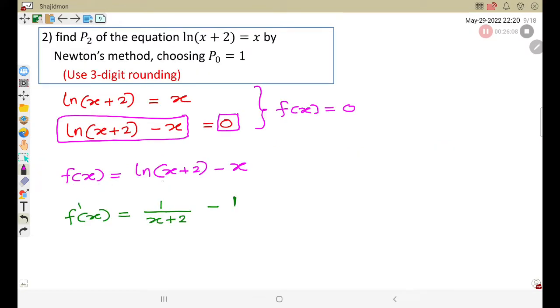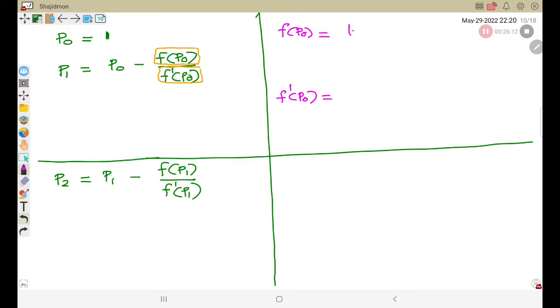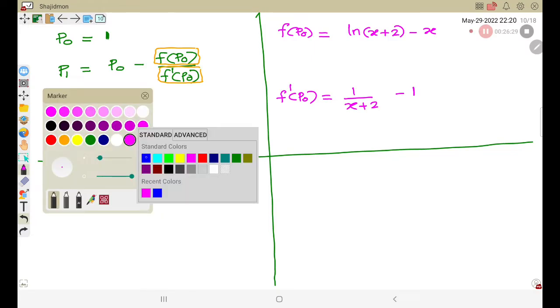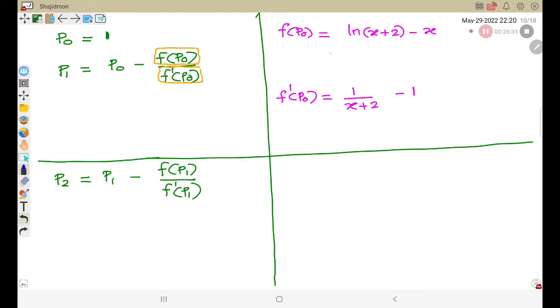F of x means len of x plus 2 minus x, correct? So I am writing here len of x plus 2 minus x. What is f dash of x in our question? 1 over x plus 2 minus 1, correct? Now we are applying the numbers and calculate the values. So first f of P0.